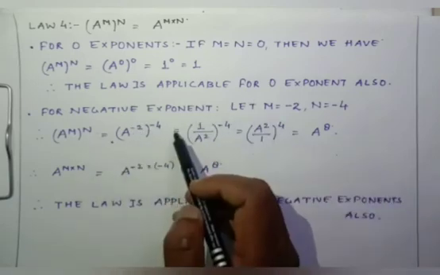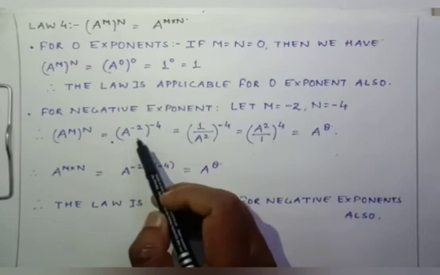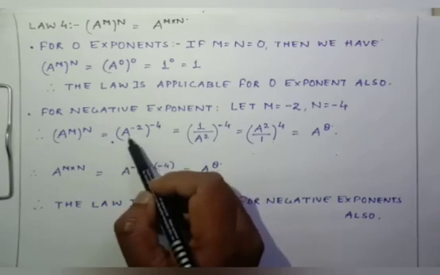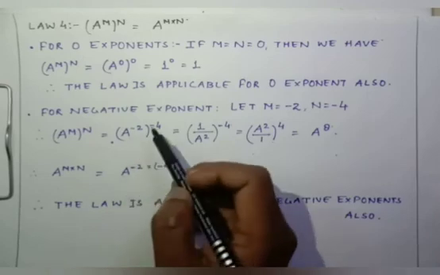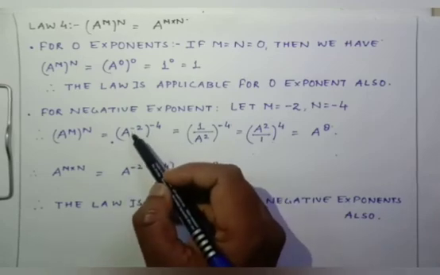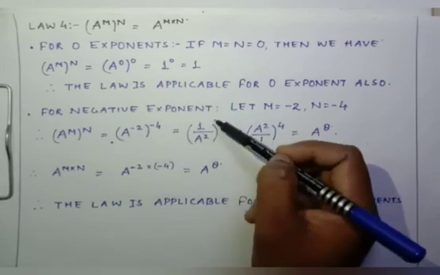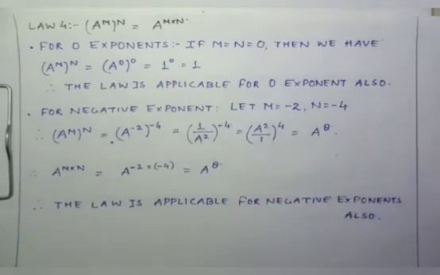Now over here it is a very important step. Please see it very carefully. Over here the power is negative, a to the power -2. So first of all I have to make the power positive. So it will be 1 upon a square to the whole power -4.